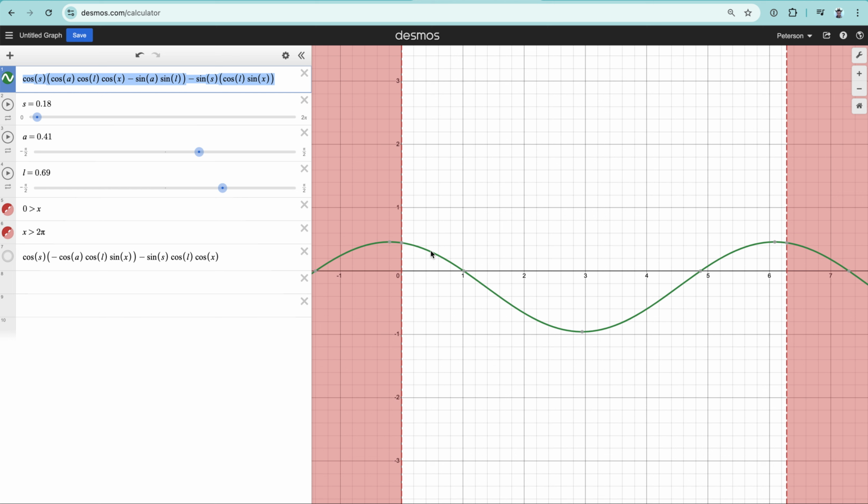But maybe it'll shed some light if I say when this green curve is positive, that means we're in daytime, and when it's negative, that means we're in nighttime. And the parameters S and A and L still stand for the time of year, the Earth's axis tilt, and latitude. So if we play with these parameters, here the time of year is winter time.